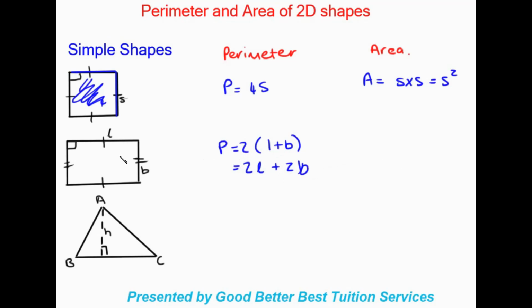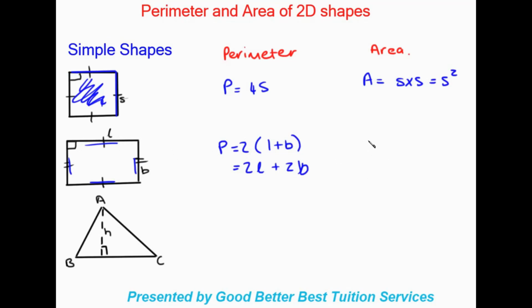Basically what this means is that we're adding this length over here and this length plus this breadth and this breadth to find the distance around the rectangle, okay? Because we have two lengths and we have two breadths in total. So that's why we're saying 2 times (length plus breadth) or 2 length plus 2 breadth.